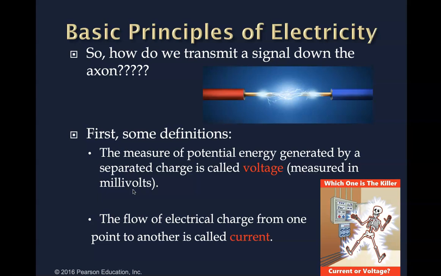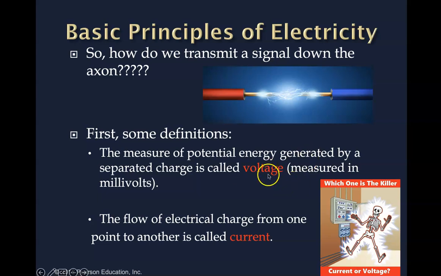Just like a battery has that separation of charge, positive and negative ends, it's the same here in terms of our voltage change, but across the membrane. So voltage is a measure of that potential energy due to that separation of charge. And then that voltage can lead to the flow of electrical charge from one point to another. That's what we call current.